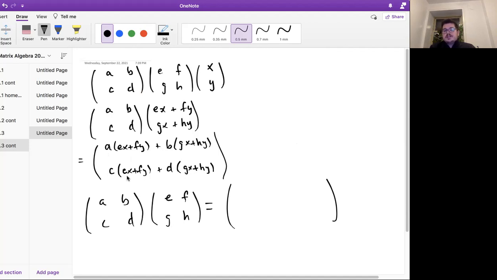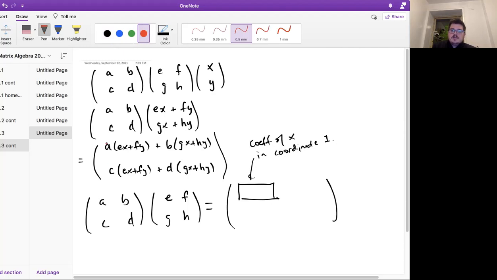The first entry would be the coefficient of x in coordinate 1. So here's coordinate 1. Someone read to me the coefficients of x. Yeah, we have AE, that's here, and we have BG, and it's plus.